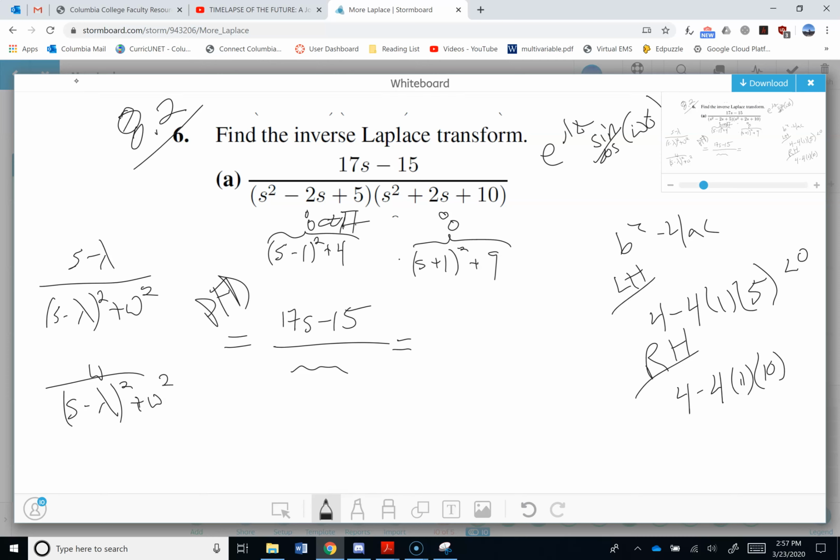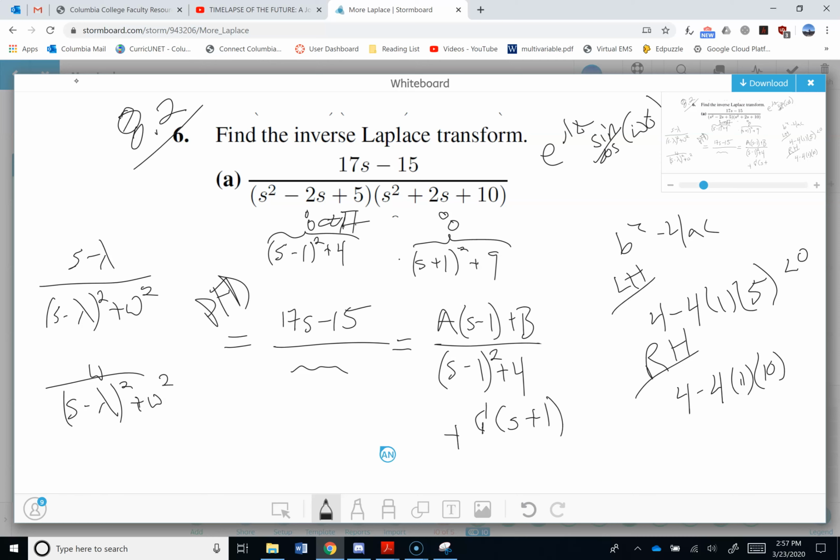I'm going to set this up as A times s minus 1 plus B over s minus 1 squared plus 4, plus C times s plus 1 plus D over s plus 1 squared plus 9.